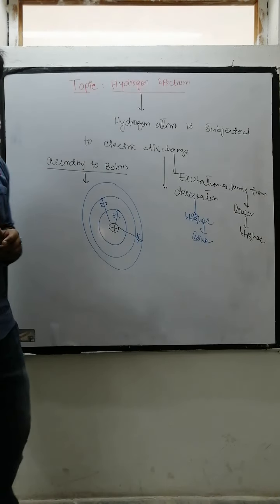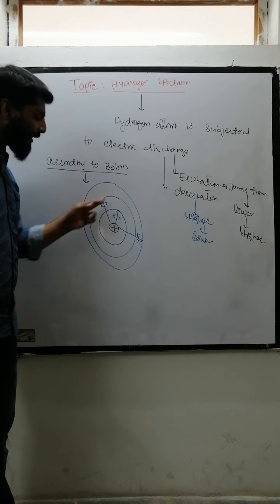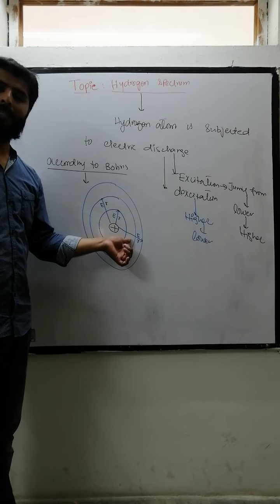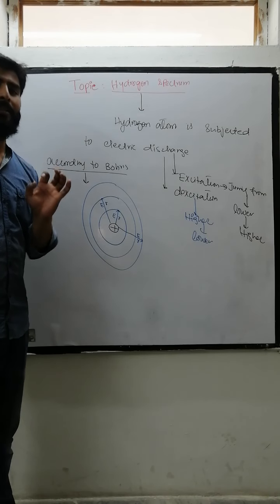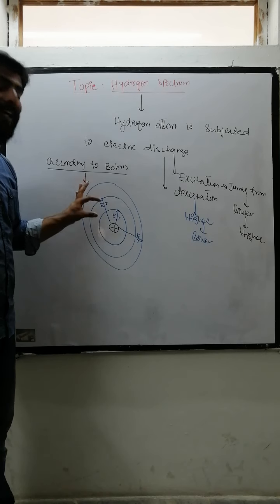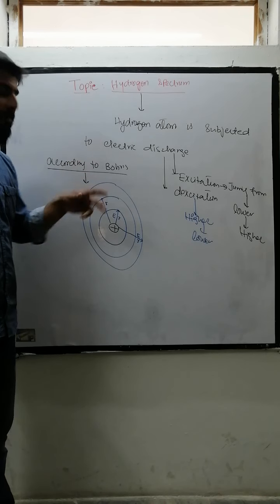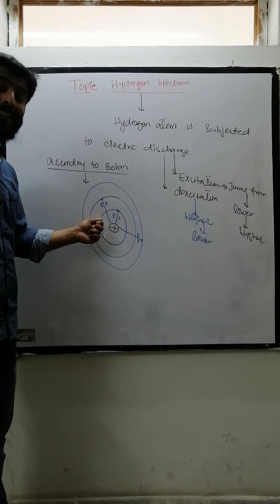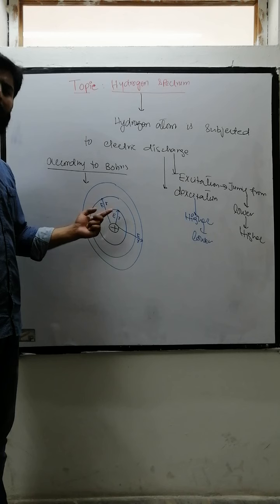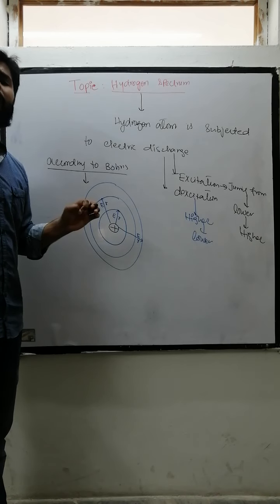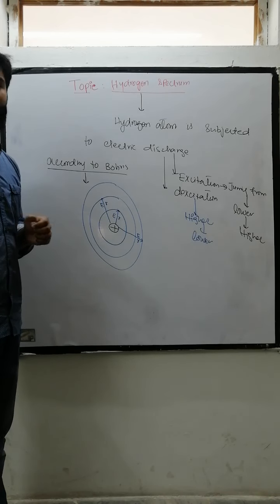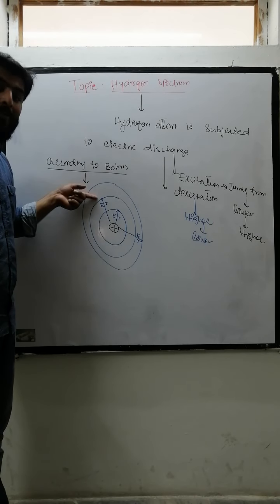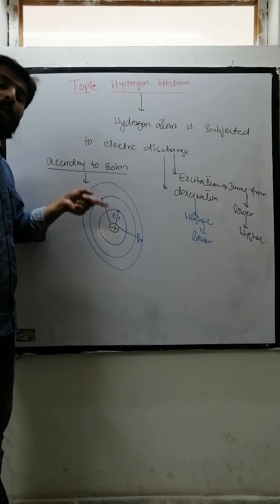Students, one thing that you always have to keep in mind is that these circular paths which we have called orbits are also known as energy levels, because these are specific energy points around the nucleus where electrons exist as well as revolve. So orbits or shells are also known as energy levels. And if an electron jumps from one orbit to another orbit, it means it jumps from one energy level to another energy level.